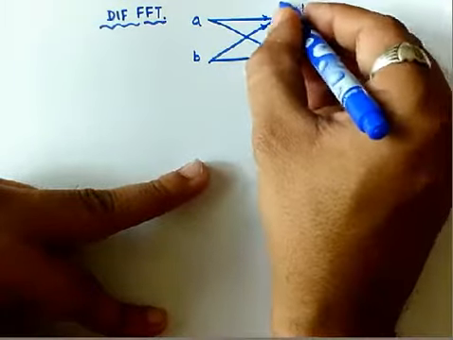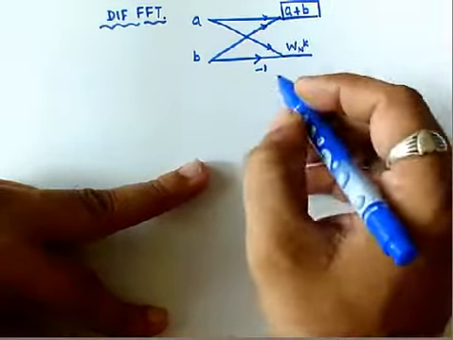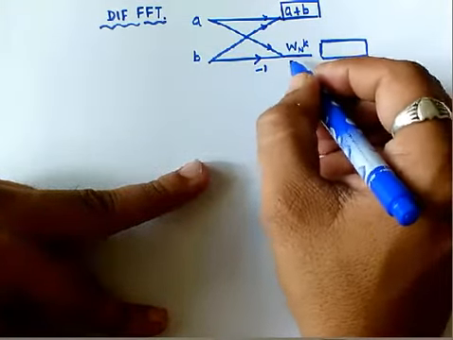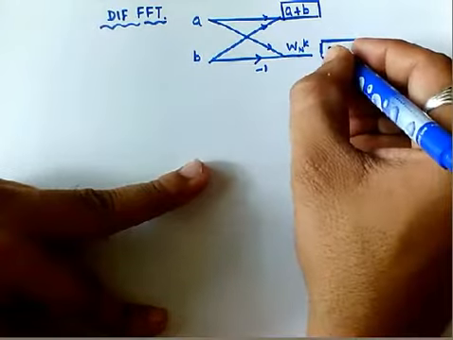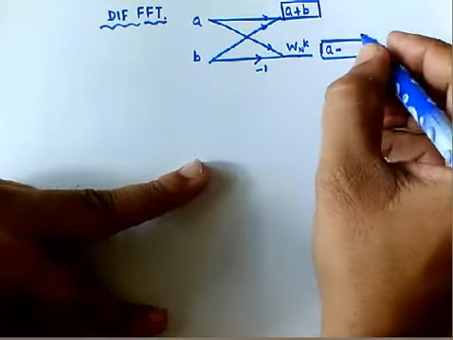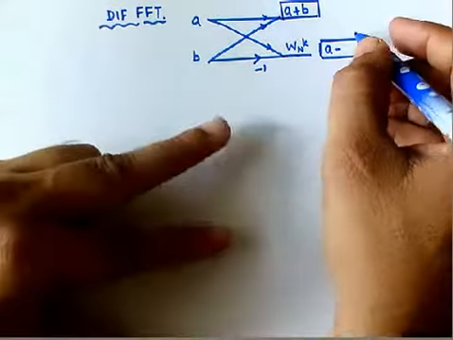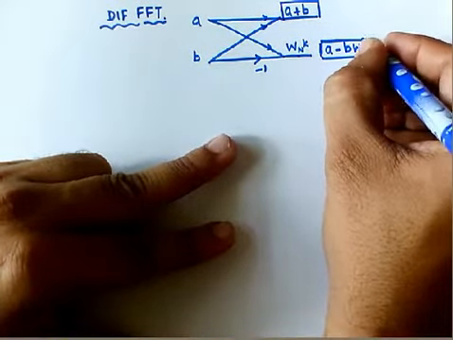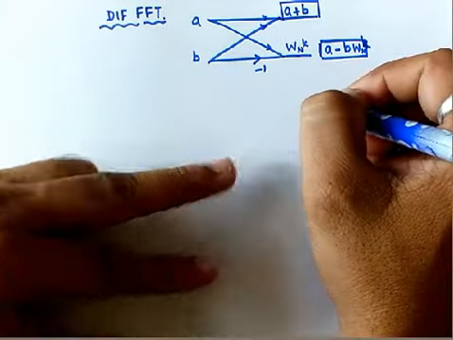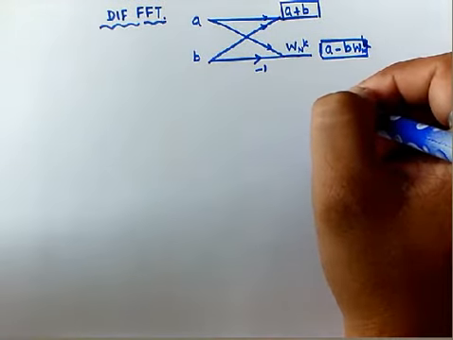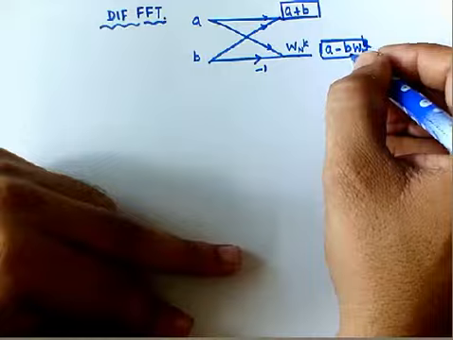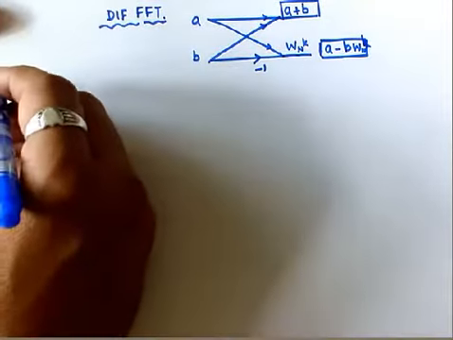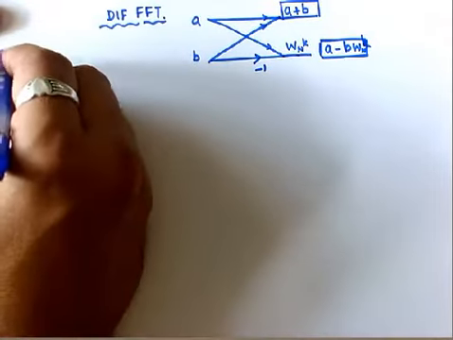Here is the result for the second part, or the lower part, of the X. It is decided like (A minus B) times Wn raised to k. This is the thing we should remember when we are solving with respect to the DIF FFT. Now for solving it, let's consider one example.